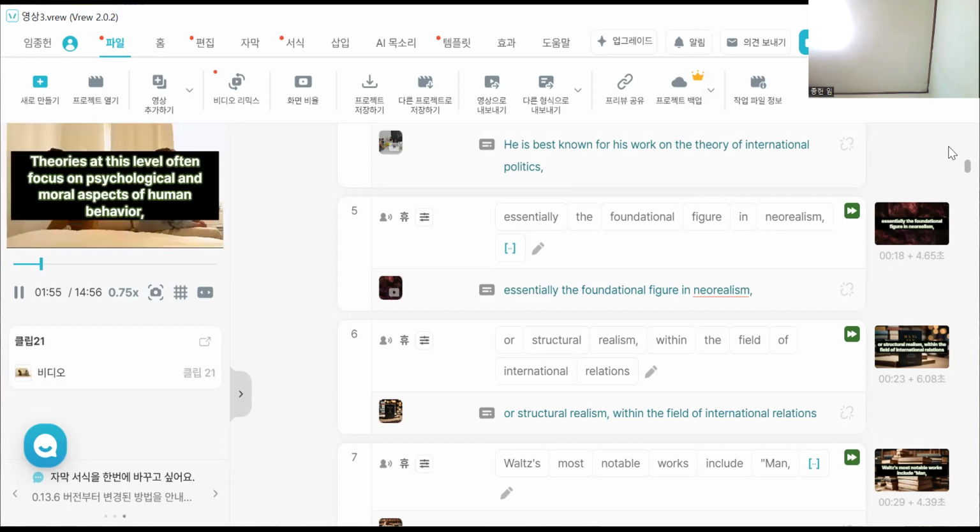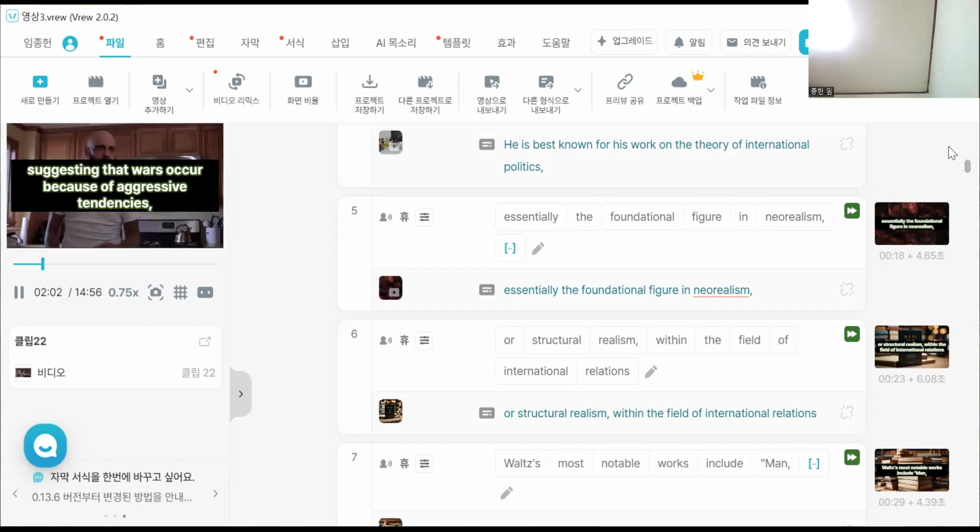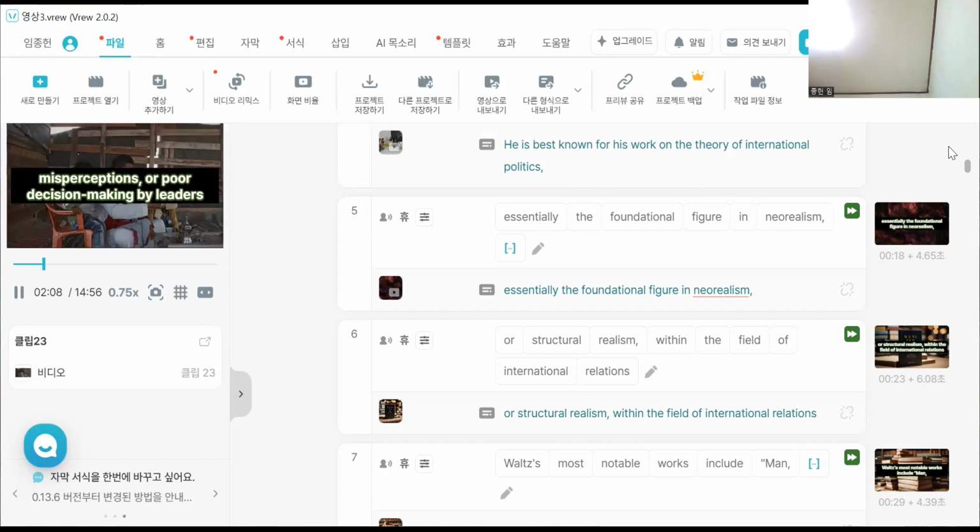Theories at this level often focus on psychological and moral aspects of human behavior, suggesting that wars occur because of aggressive tendencies, misperceptions, or poor decision-making by leaders.